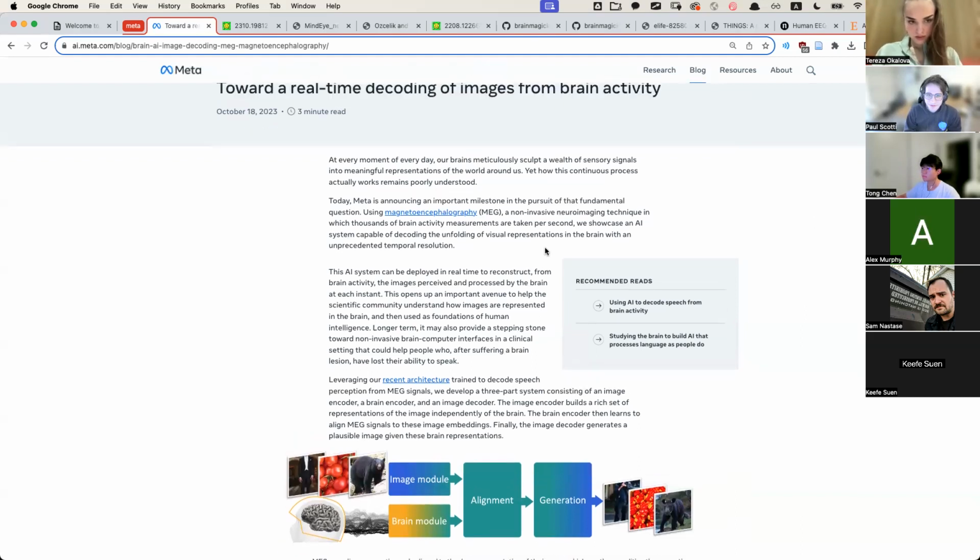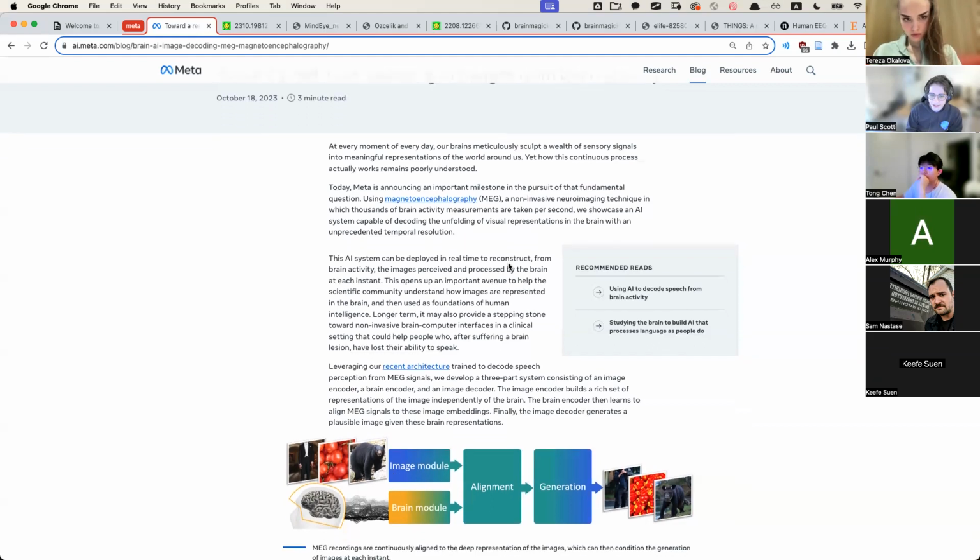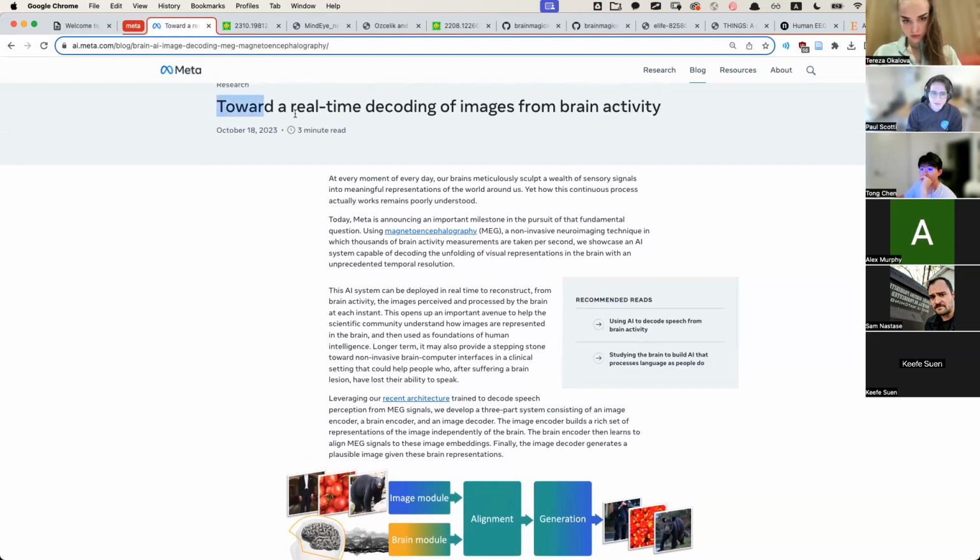So my takeaway from the paper is that you can do retrieval and reconstruction with MEG. The quality is going to be worse, but it does show that it's at least feasible. And they make this whole deal out of doing real-time decoding. In their blog post, they talk about how this AI system can be deployed in real time to reconstruct.